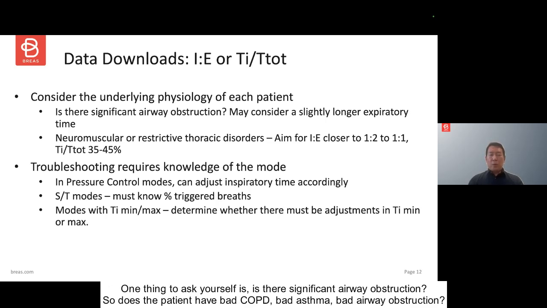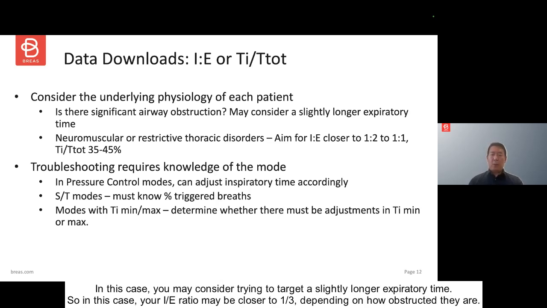So one thing to ask yourself is, is there significant airway obstruction? So does the patient have bad COPD, bad asthma, bad airway obstruction? In this case, you may consider trying to target a slightly longer expiratory time. So in this case, your I/E ratio may be closer to 1 to 3, depending on how obstructed they are.